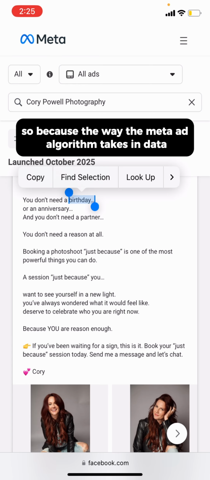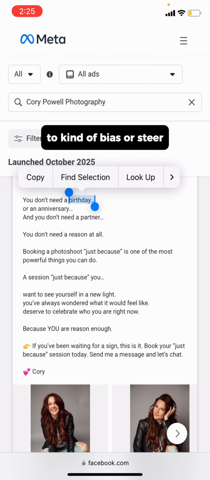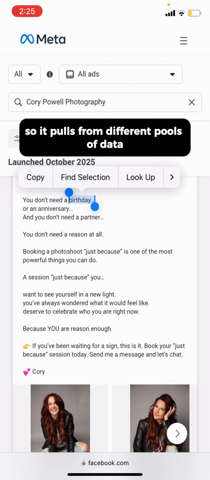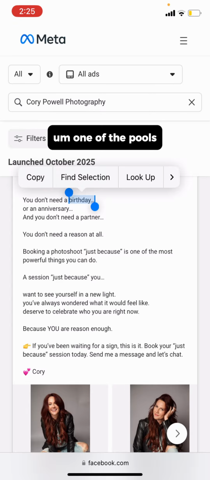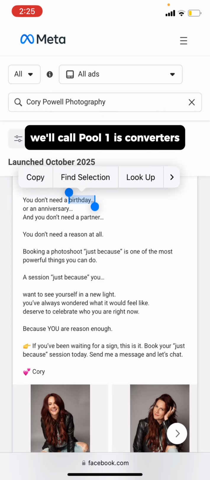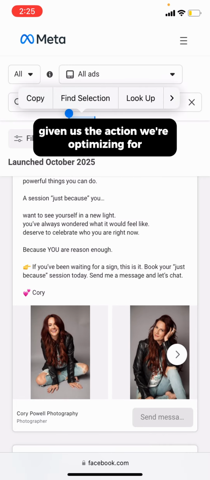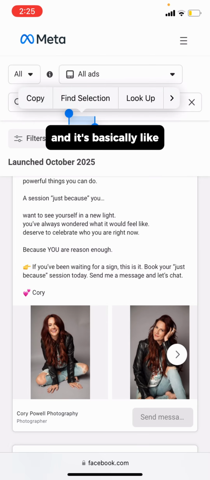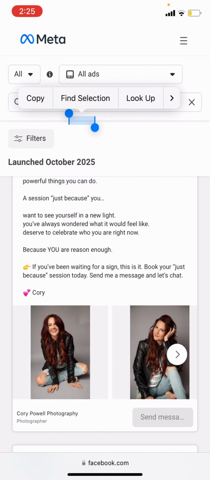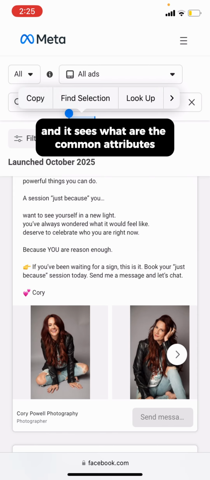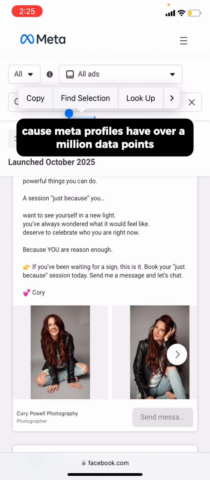So because of the way the Meta ad algorithm takes in data to bias or steer which Meta profiles to show our ads to next, it pulls from different pools of data. One of the pools, we'll call pool one, is converters. So those Meta profiles that have converted on our ad, given us the action we're optimizing for. Meta has all the profiles of all the converters in pool one, and it sees what the common attributes, common data points are, because Meta profiles have over 1 million data points.